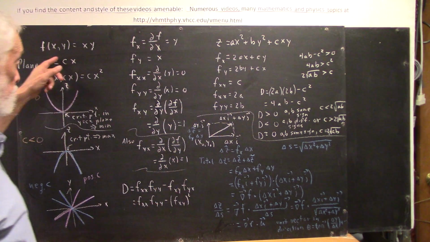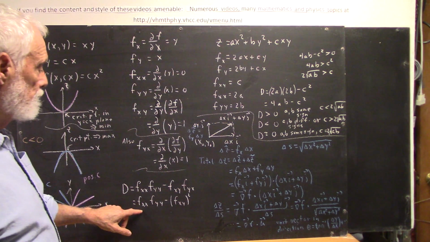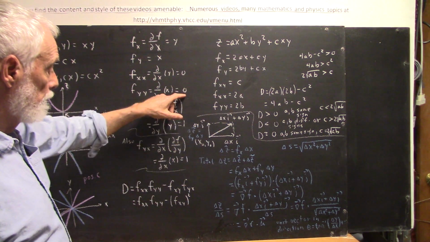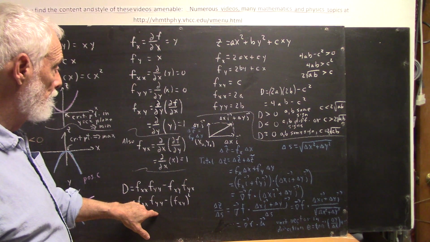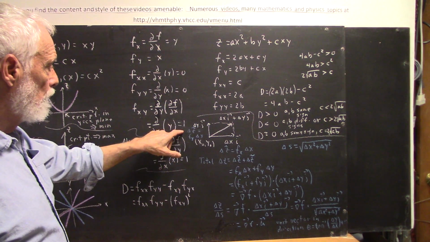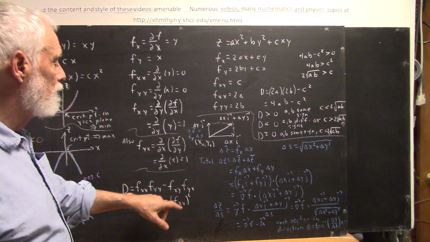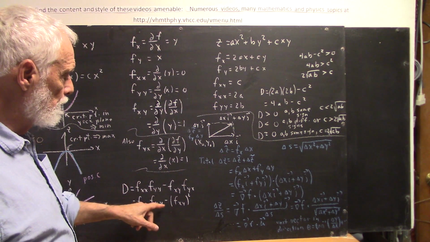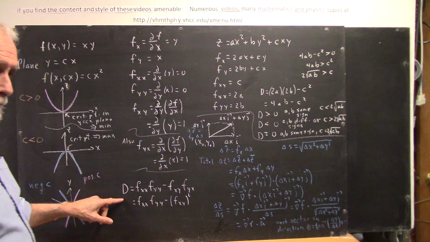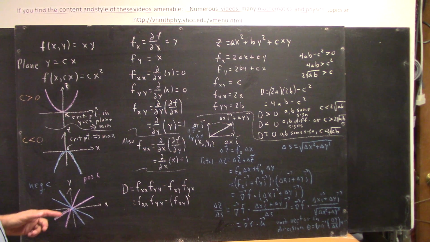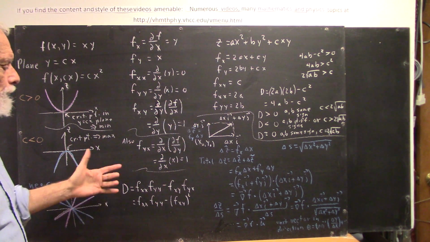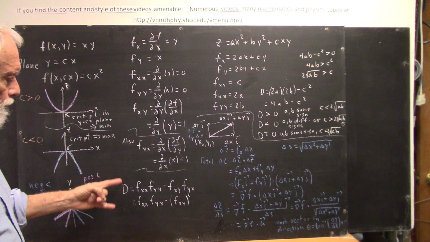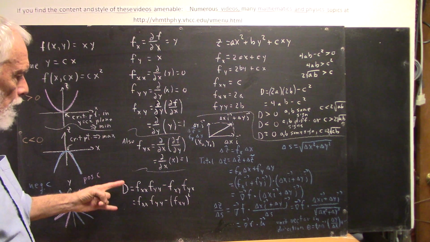Applying that to this function, we see that the xx derivative is 0, the yy derivative is 0, so we've got 0 here. The fxy is 1, so we have fxy squared is 1, we have negative 1. That indicates the saddle point. Now there are reasons why this works. We don't want to talk about it just yet.